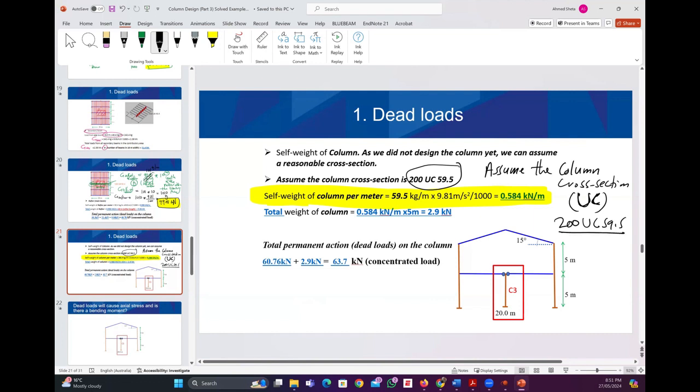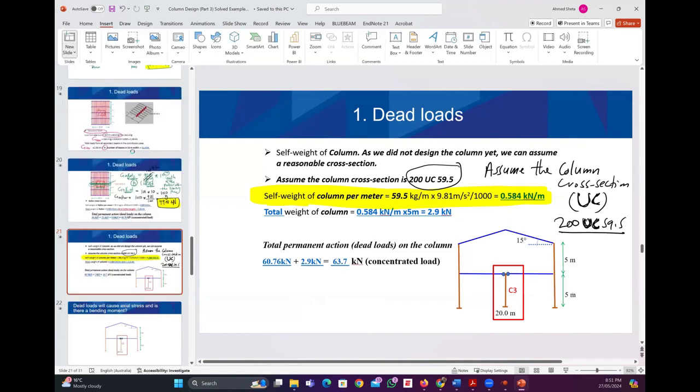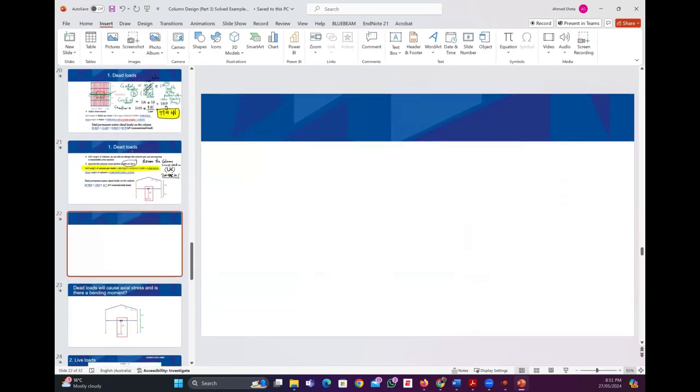How much is the self weight of this one? Do you know? 59.5. Yeah, 59.5. But this 59.5 self weight of column equals 59.5 kilogram per meter.